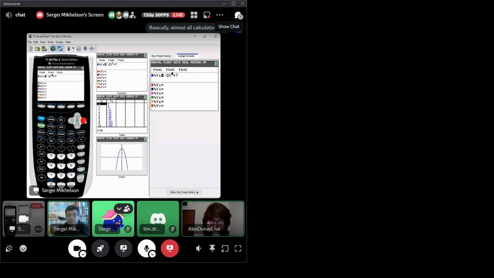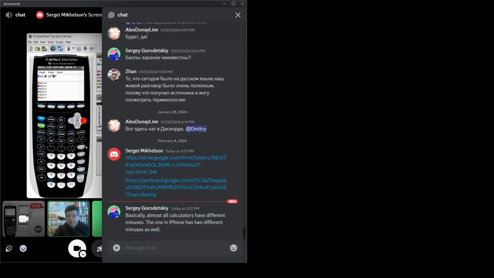Sure, I don't know why I put plus. So we can easily correct it. That was my mistake. So now we use the other minus. That's a good example of using both minuses in the same problem. And here is now the graph that we have. Okay, that's good.